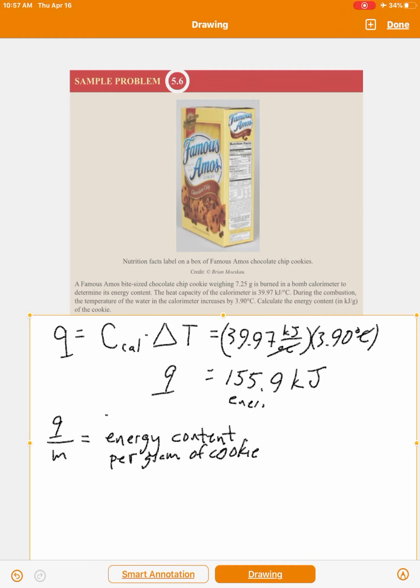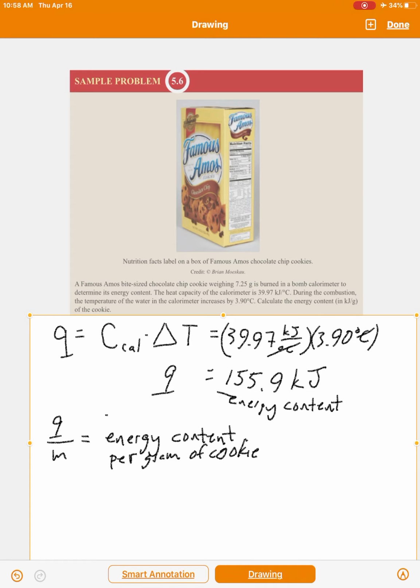So this is the energy content, but not per gram. Okay? It's sort of like this. Suppose I said, how many pizzas were eaten by the class today? Oh, 30 pizzas got eaten. Okay, well, there's 30 people in there. How many pizzas were eaten per person? You would divide it by 30 people. Same thing here.